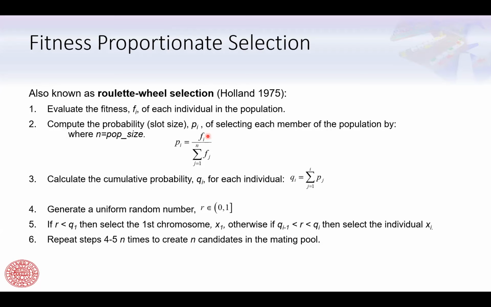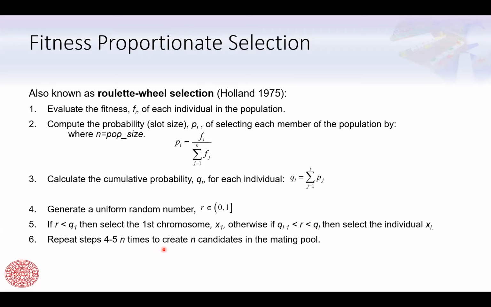Solutions with a lower fitness value will have a lower chance, because the area they occupy in this wheel, if you spread it over this range here, gets smaller when the fitness value is lower.